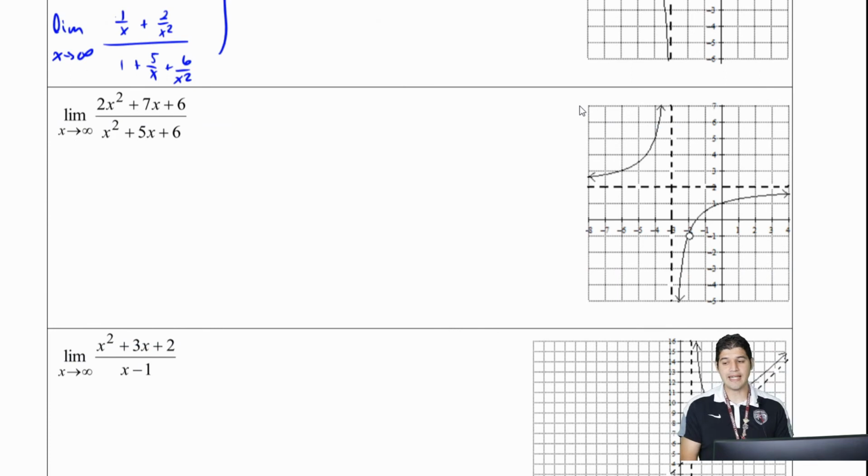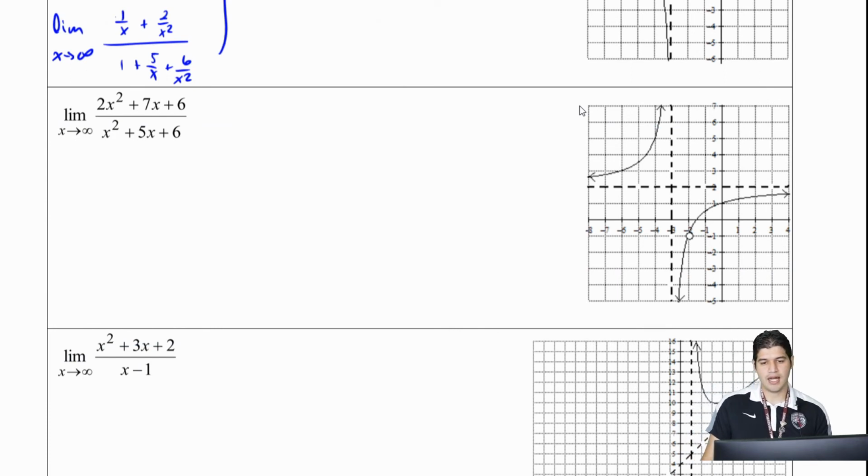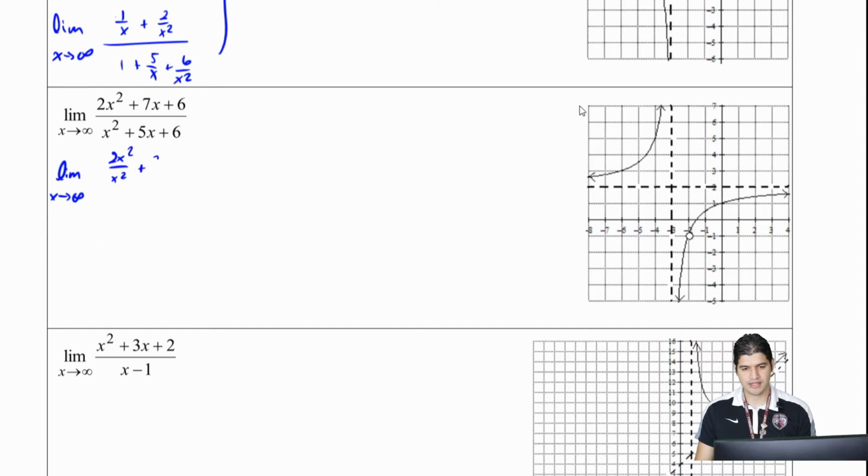So now our second graph, let's look at this one. Same deal, I'm not even going to factor. The limit as x approaches infinity, divide everything by the highest degree in your denominator, so x squared. So I'll have 2x squared over x squared plus 7x over x squared plus 6 over x squared, all over x squared over x squared, 5x over x squared, and 6 over x squared again.